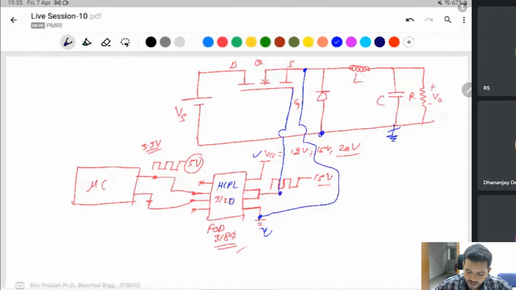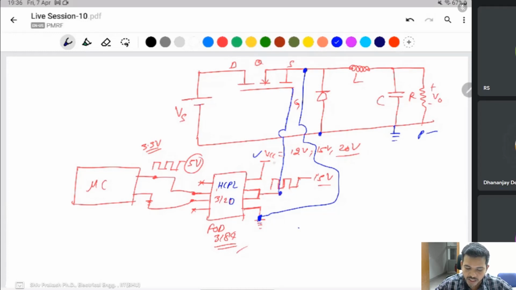If you take the same ground pin for both, where this one is a high power circuit and this one is a low power circuit, it means this pin connects to this pin, and this ground pin is also connected here.